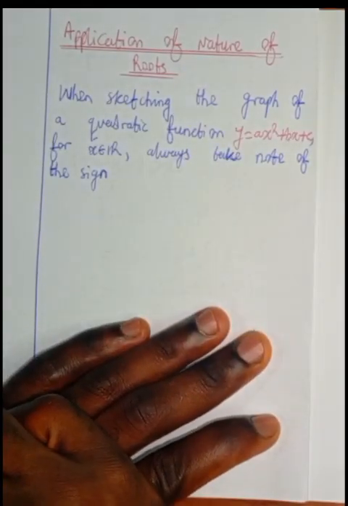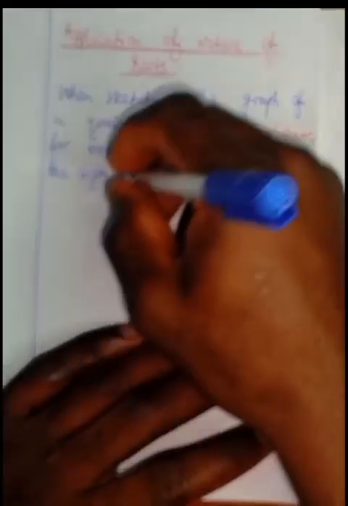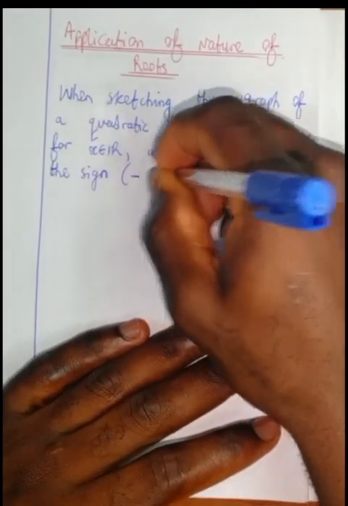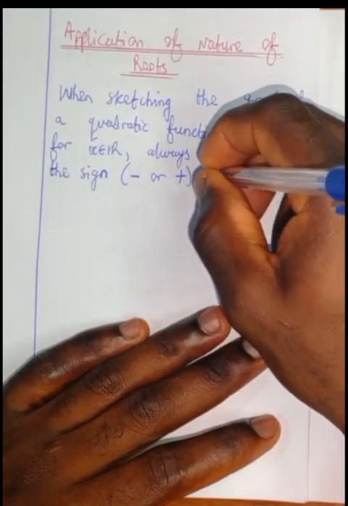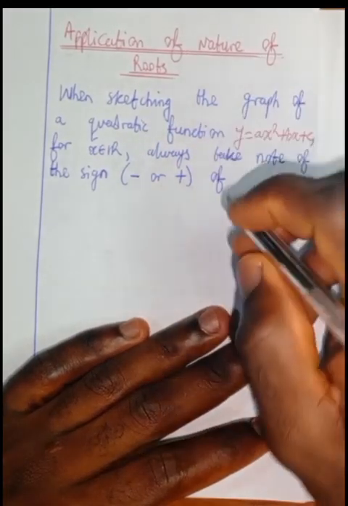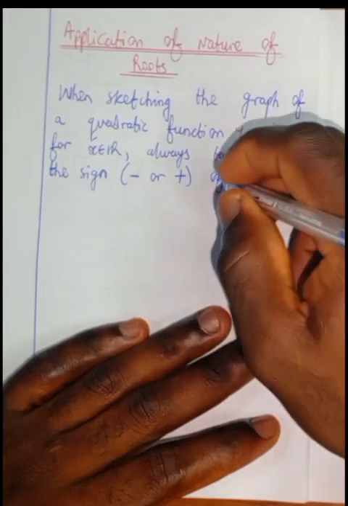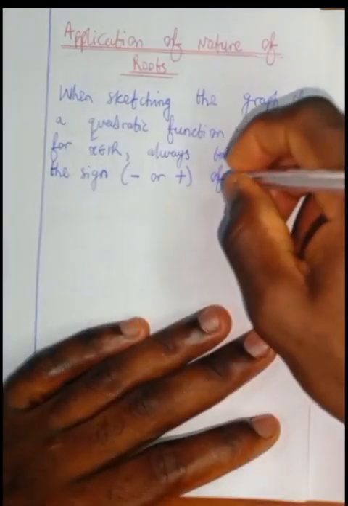When we talk of the sign, that means whether it is positive or negative. The sign of the coefficient of x squared, which is a. You always take note of that.